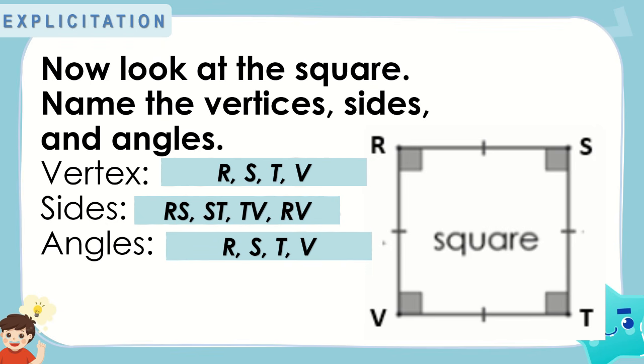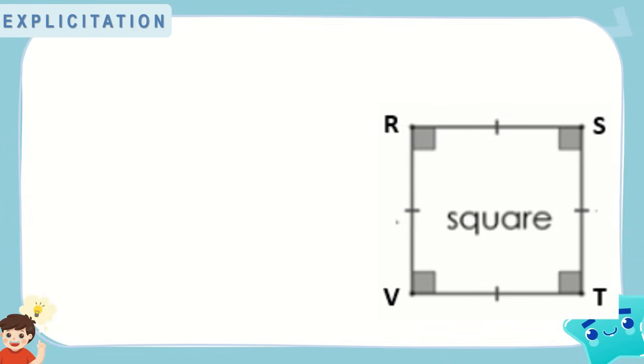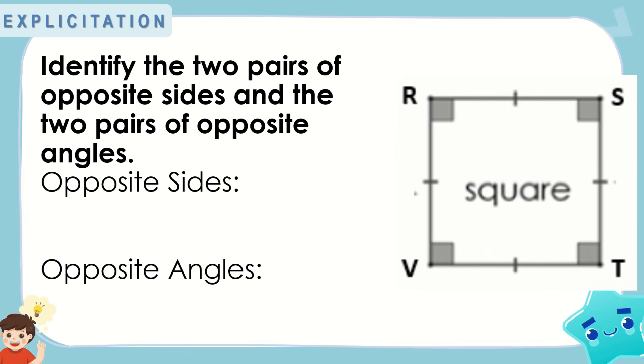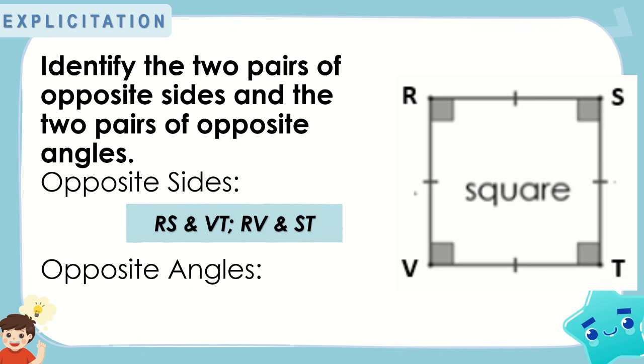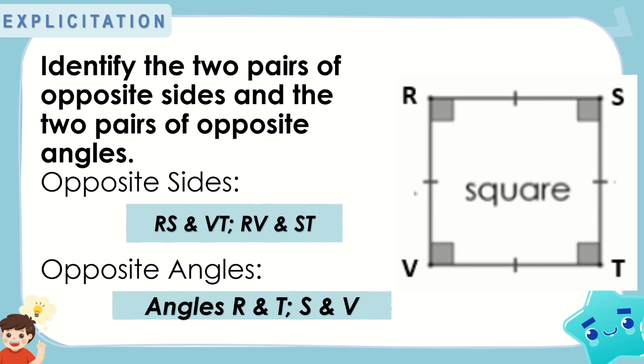And for the angles, we have R, S, T, and V. Identify the two pairs of opposite sides and the two pairs of opposite angles. For the opposite sides, we have RS and VT, RV and ST. Opposite angles, angles R and T, S and V.